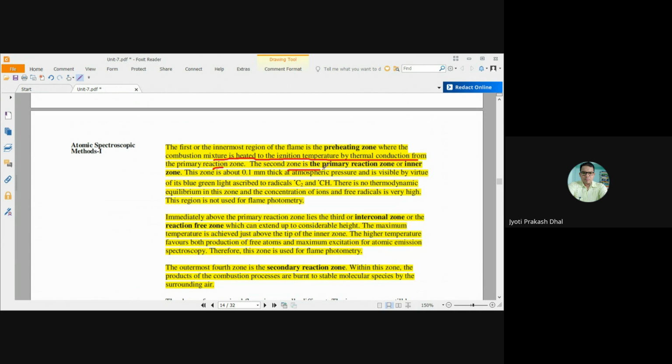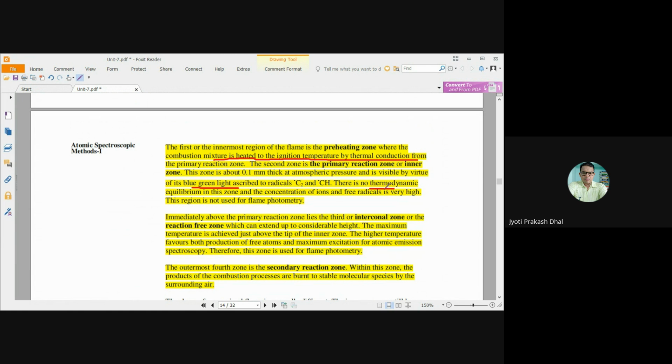The second zone is the primary reaction zone, the inner zone. The zone is about 0.1 mm thick at atmospheric pressure and is visible by virtue of blue green light due to the formation of C2 free radicals and CH free radicals.